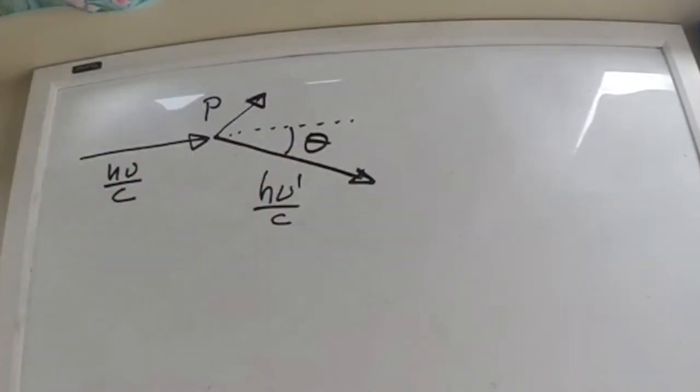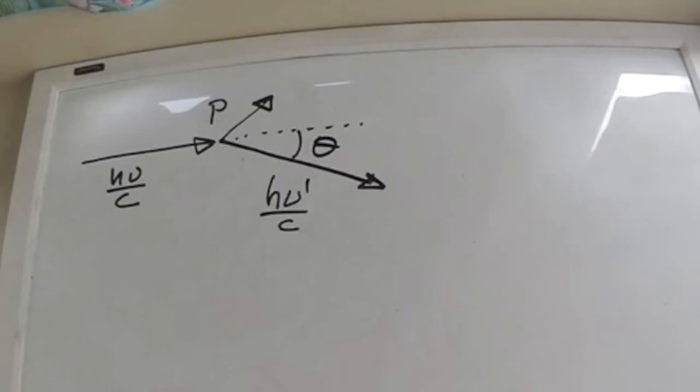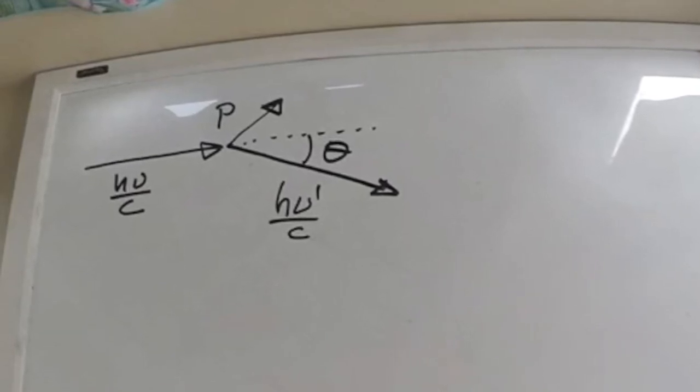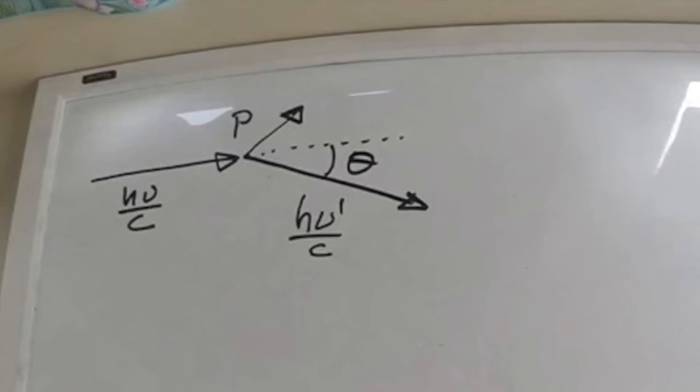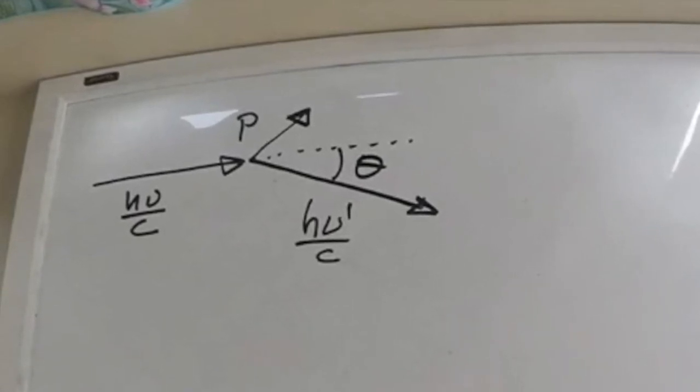Here h nu over c is the initial momentum of the photon, h nu prime over c is the final momentum of the photon, and p is the momentum of the recoiling electron. In this collision, energy and momentum have to be conserved. Because of conservation of momentum, these three vectors make a triangle.